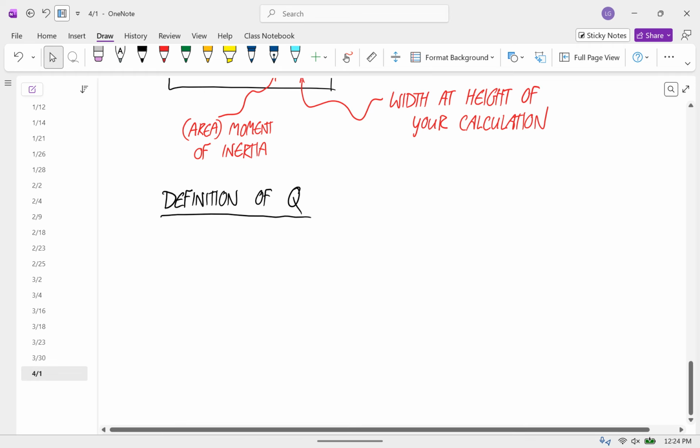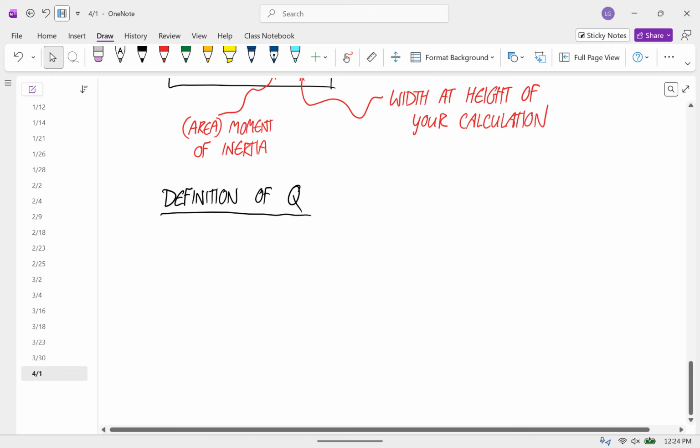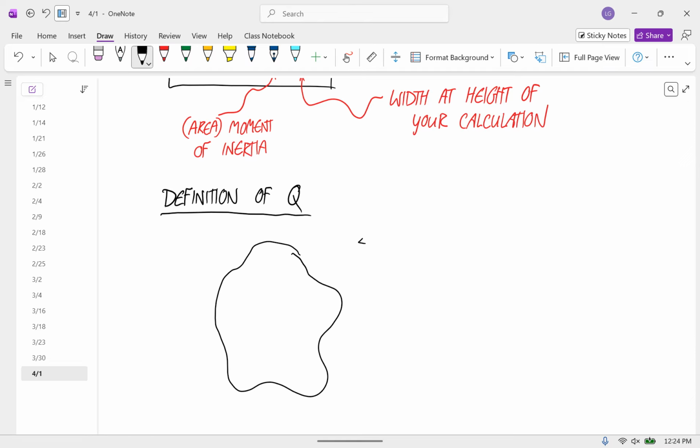I just call it Q. But let's imagine that this is an arbitrary cross section, and let's say that the neutral axis of this cross section is here.